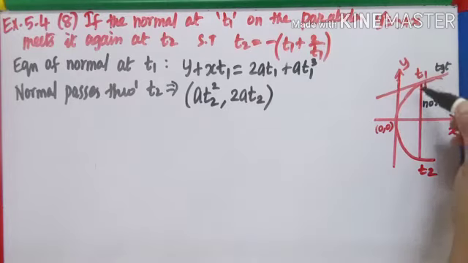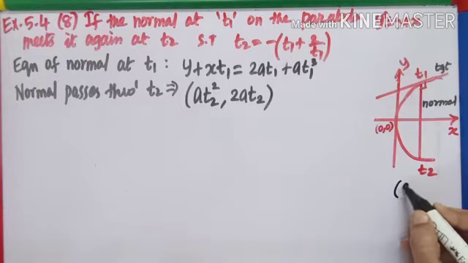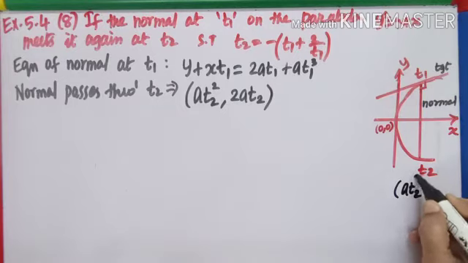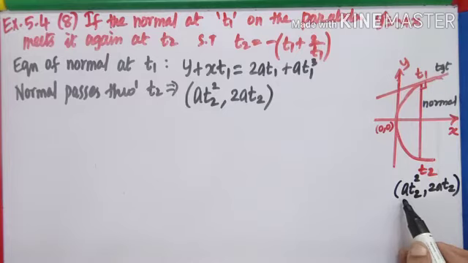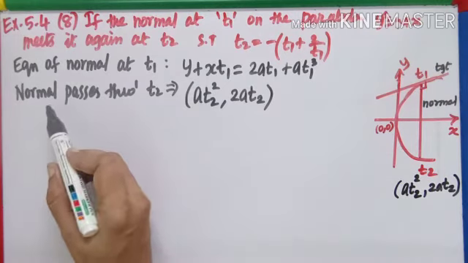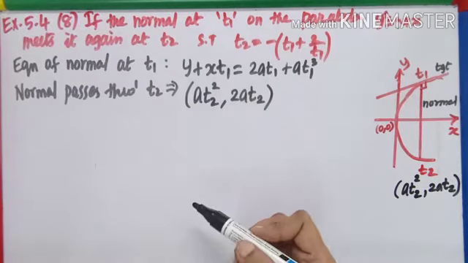Given it passes through T2. What is T2 actually? We say T2, but the point is (aT2 square, 2aT2). Shortly we call it T2, but the meaning is x value aT2 square and y value 2aT2. When I say the normal passes through, this must satisfy the equation.